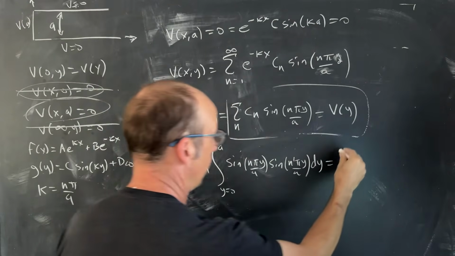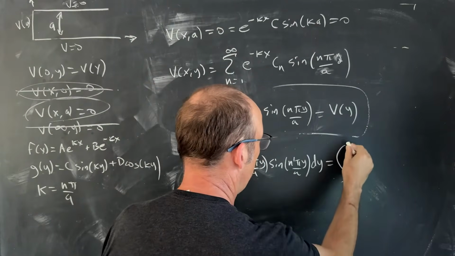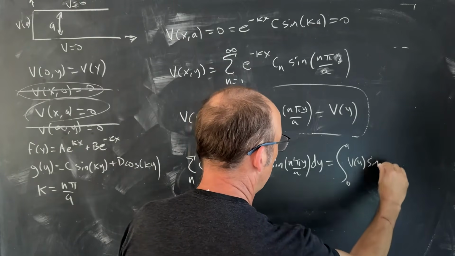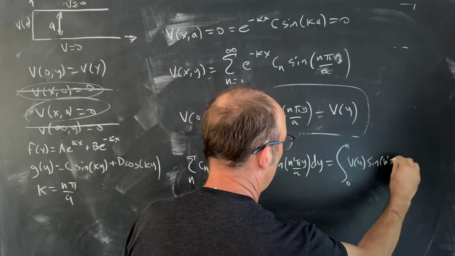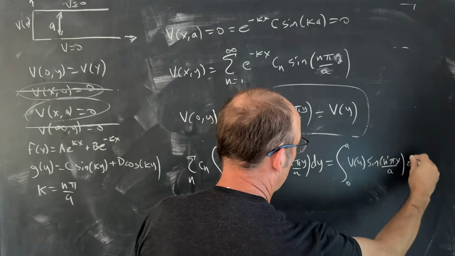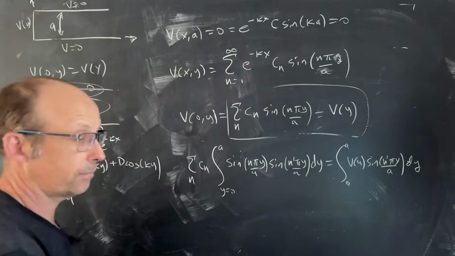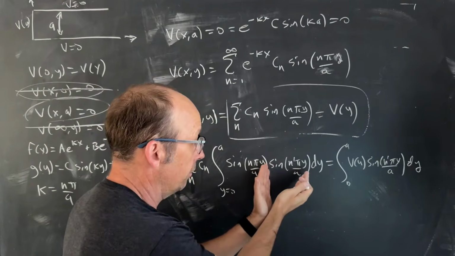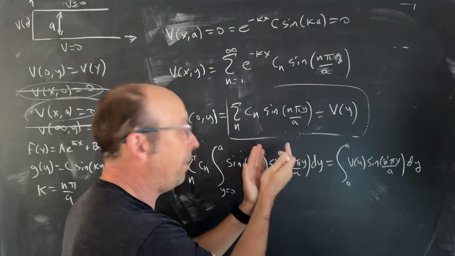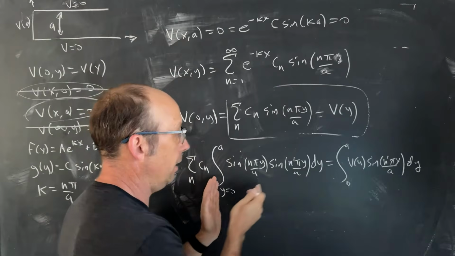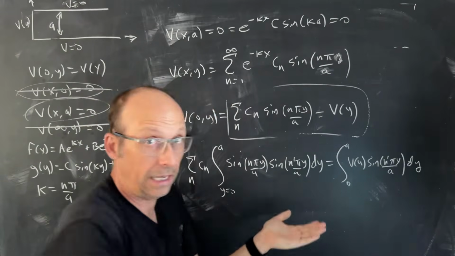And then on this side, I get the integral from 0 to a of v of y times sine of n prime pi y over a dy. So all I did was multiply by this sine n prime pi y over a and integrate from 0 to a.